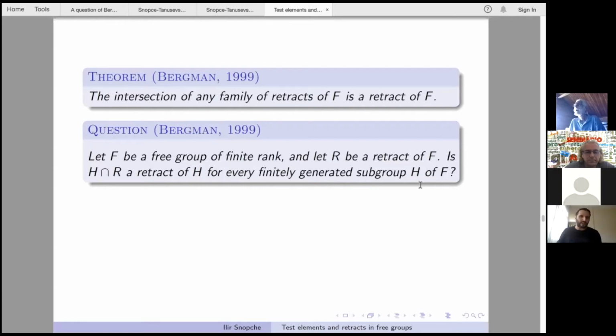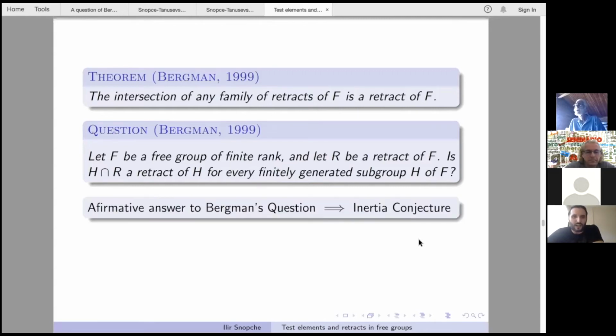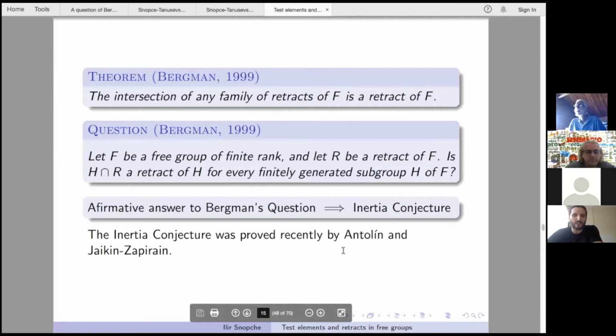One special reason why Bergman was interested in this question was the following observation: an affirmative answer to Bergman's question implies the inertia conjecture. This is an additional motivation to think about this question. If you recall, in October, André Heiking gave a beautiful talk about the inertia conjecture. The inertia conjecture was proved recently by Antolin and Heiking's appearance.